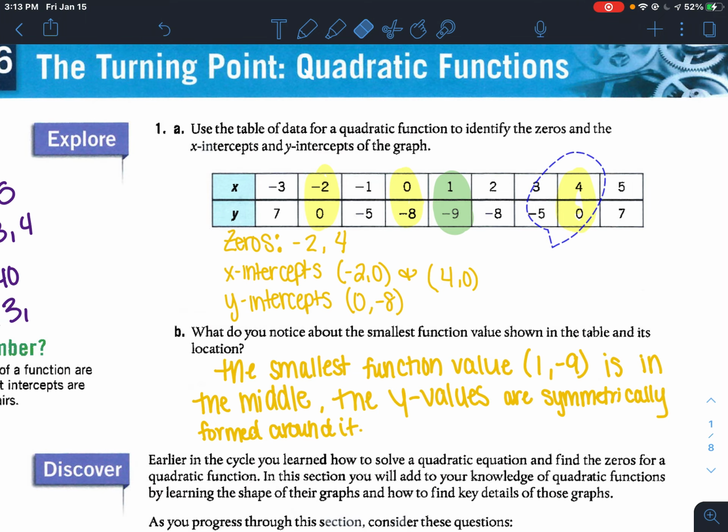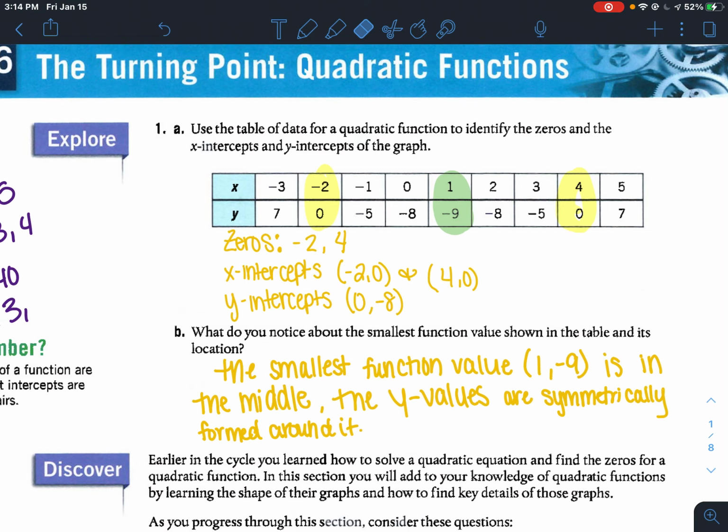It is in the middle, not necessarily in the chart, but in the middle between the x-intercepts. So it doesn't necessarily need to be in the middle of the chart, so don't get that confused. It's just the point in between. See how it's right in the middle of them, equal distance.